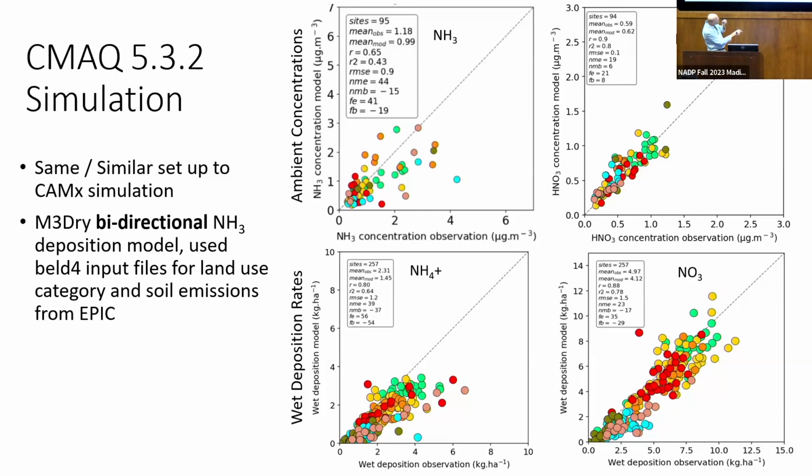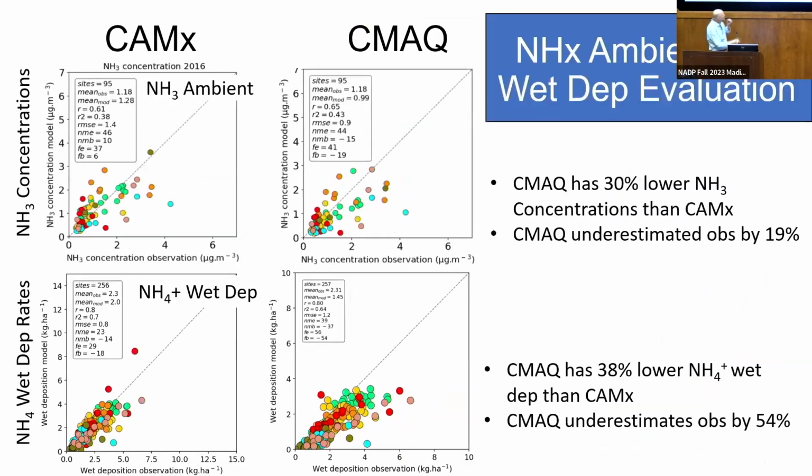We're underestimating the wet deposition by 50%, but boy, does nitrate look pretty good. And just to compare, CAMX actually did a good job on ambient wet deposition. CMAQ has similar correlations, but it's a significant underestimation.